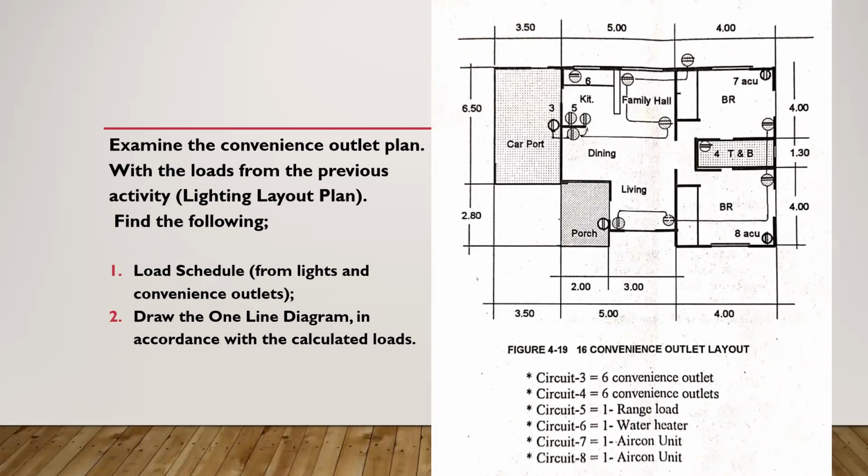Yung load schedule natin from lights and convenience outlet, and we will draw its one-line diagram in accordance with the calculated loads. So from our illustration, given na agad, na-subdivide na siya ng designer na. Ang designer na bahala kung ilang circuit, ilang number of convenience outlet per circuit.